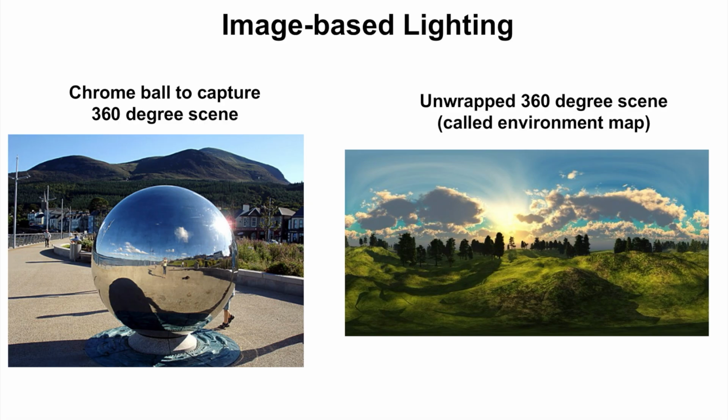And then lighting, how we do lighting. This is a typical way for lighting, image-based lighting, IBL for short. There are many light sources in this environment, right? How can we capture the 360 degree scene then? This is one way to capture 360 degrees.